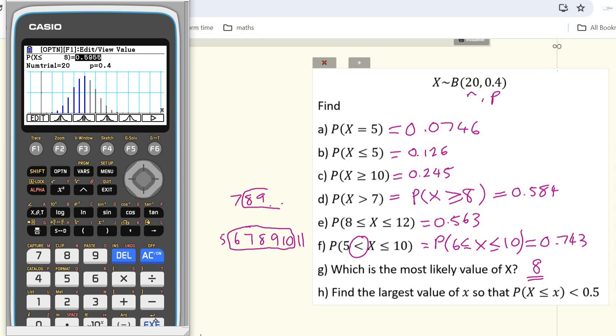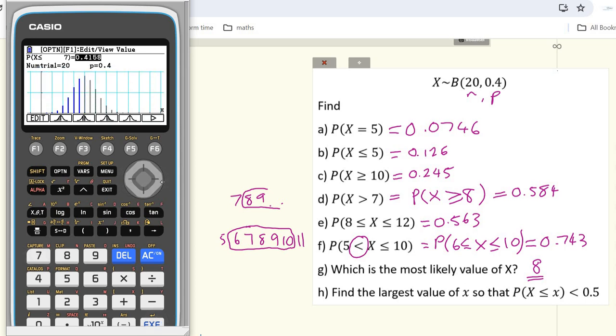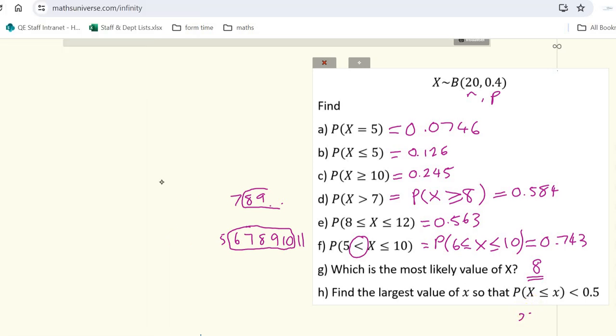That's just a bit over, so we can see that's too big, but this usually gives us the one that's just above. So let's try 7, and now we can see this probability is less than a half. 7 is the biggest number where that probability is still less than a half. So we put X is 7.